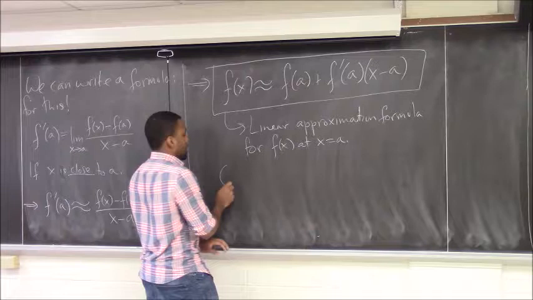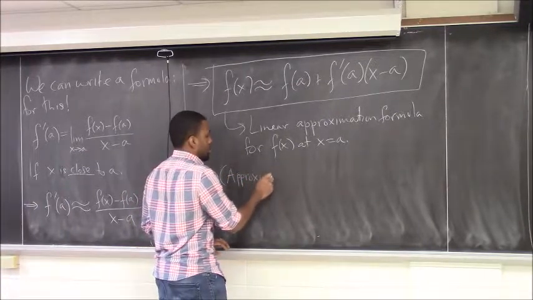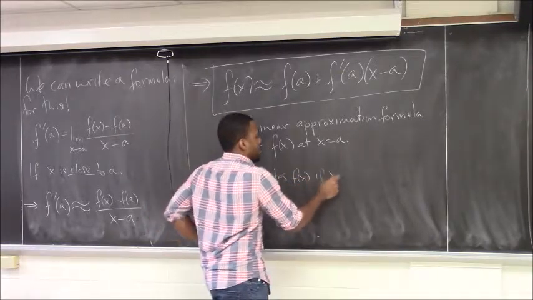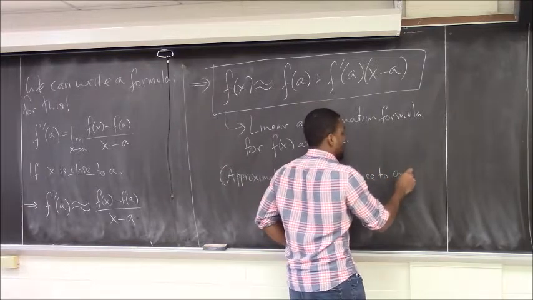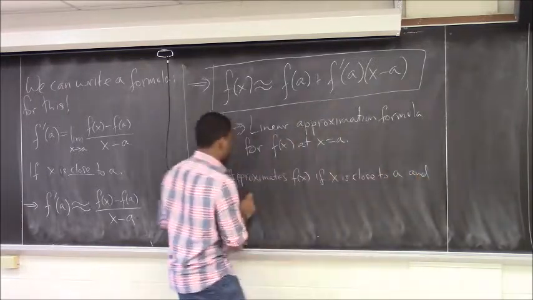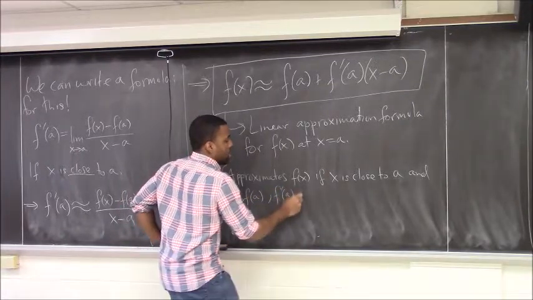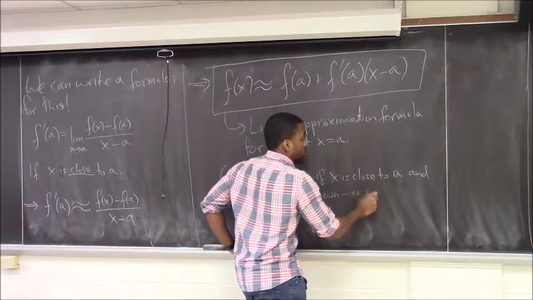The idea is this approximates f of x if x is close to a and f of a and f prime of a are known or can be known without too much trouble.